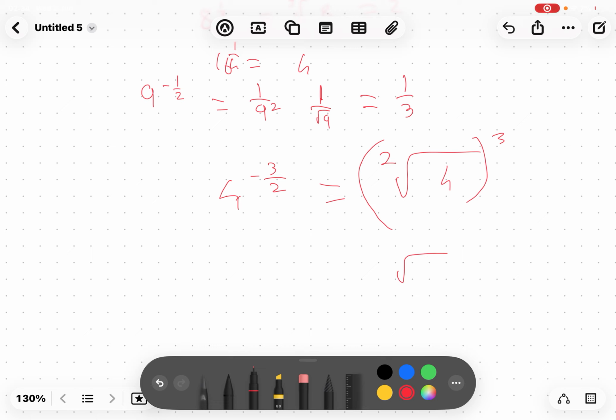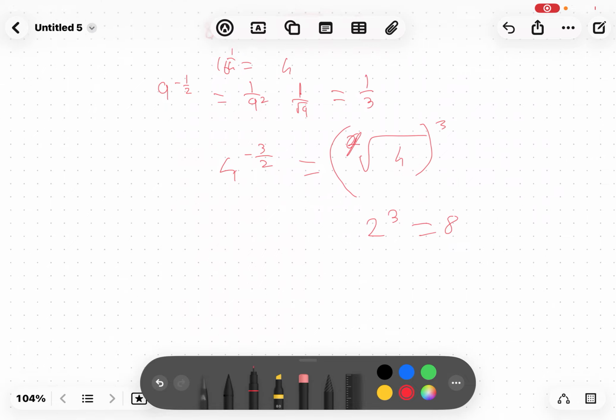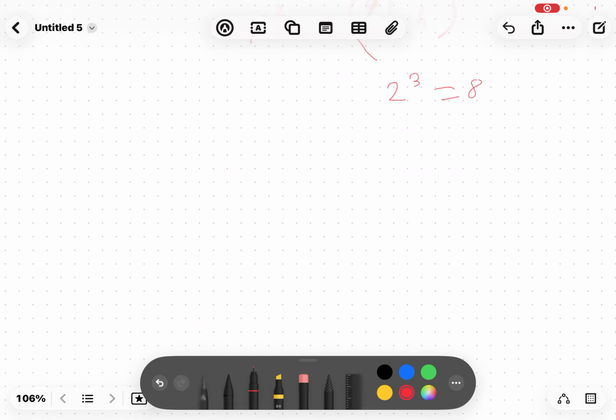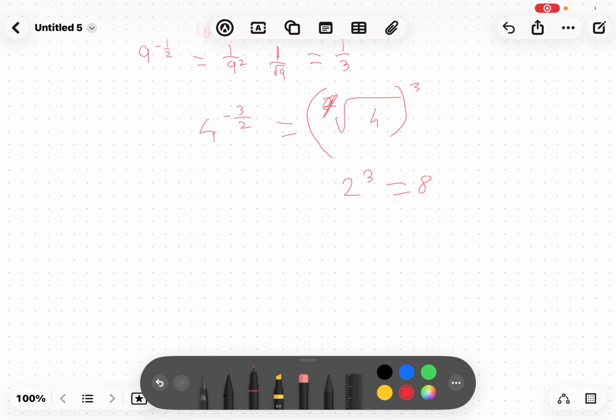This is a normal square root, so 2 to the 3 equals 8. However, since it was a negative, it was over 1, so it's 1 over 8.